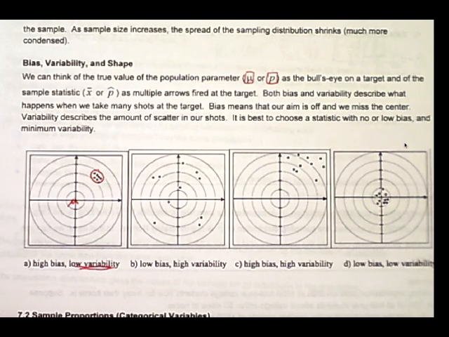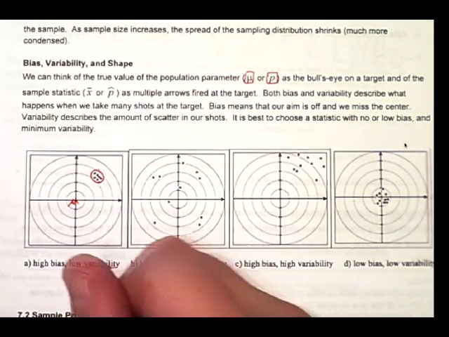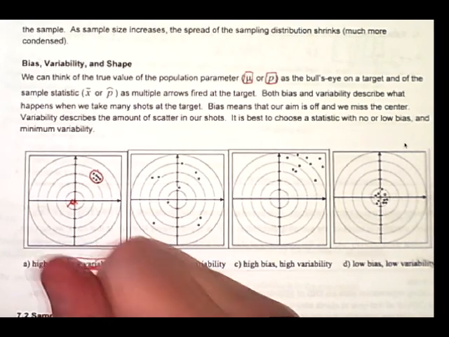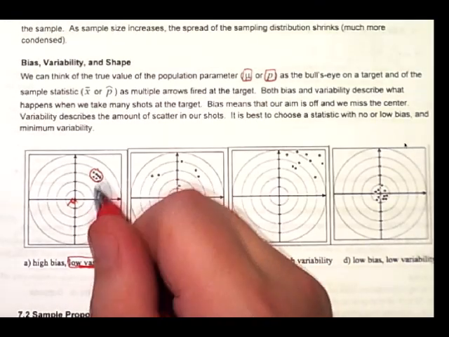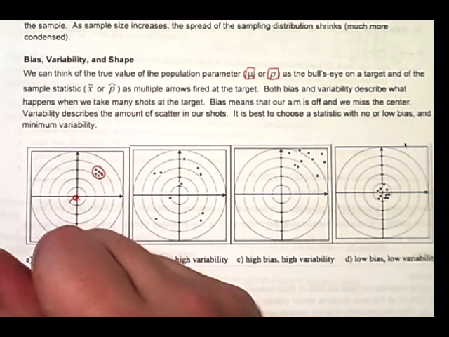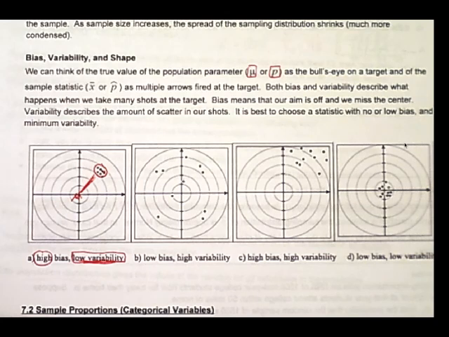But the bad part is I'm not very close to where I want to hit. So there's low variability here, not much variation in where I'm hitting, but I'm off target. So that's why this refers to high bias, because there's a big distance between where I want to be.